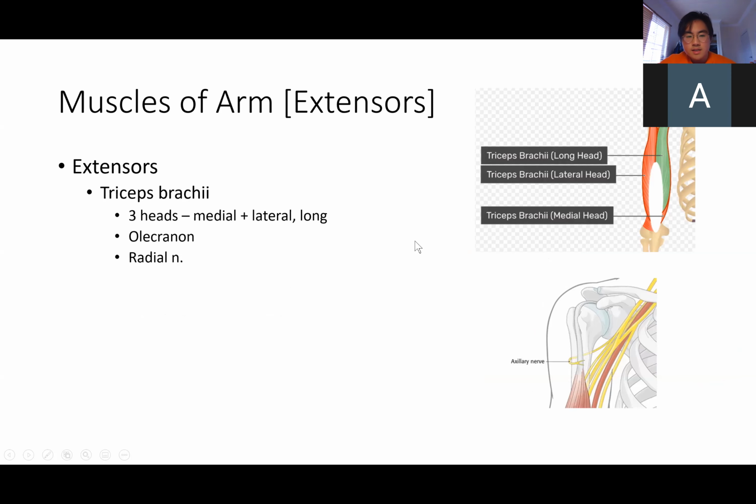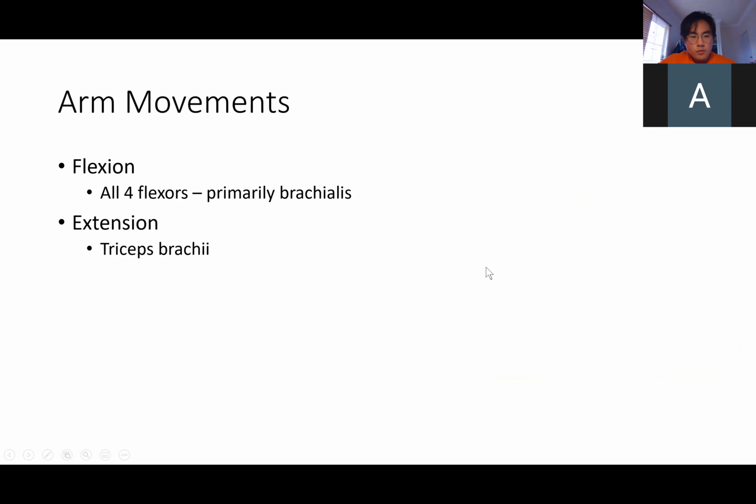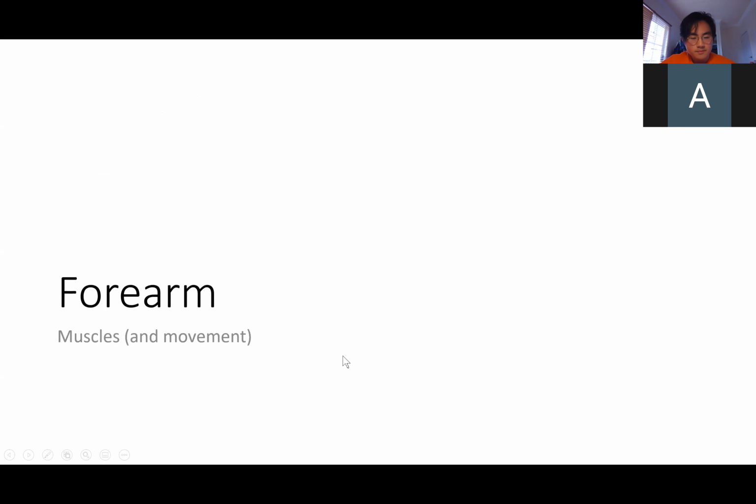Now there's some debate in medical literature over what heads are innervated by what nerve specifically, but for our purposes, the radial nerve is good enough. Arm movements: all four flexors do flexion, primarily brachialis, and the triceps does extension.